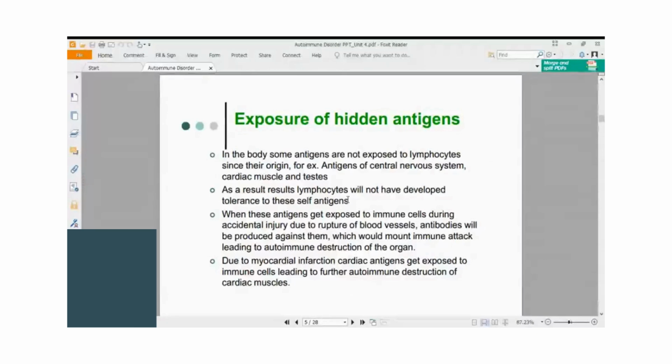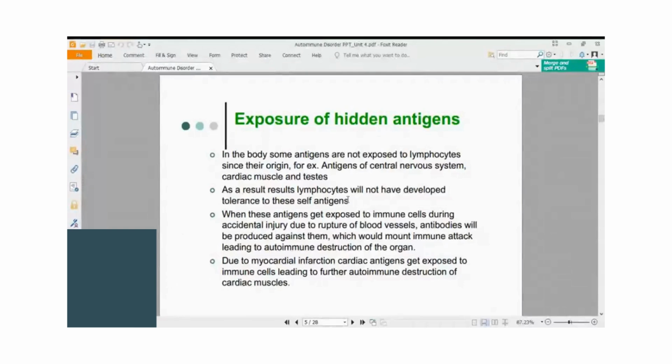It will be considered a new and foreign antigen, and your body responds to it as though it is a foreign antigen and produces the immune response against it, and antibodies will be produced, and IgG can easily pass through the blood-brain barrier. They can pass through the blood capillaries, no problem.